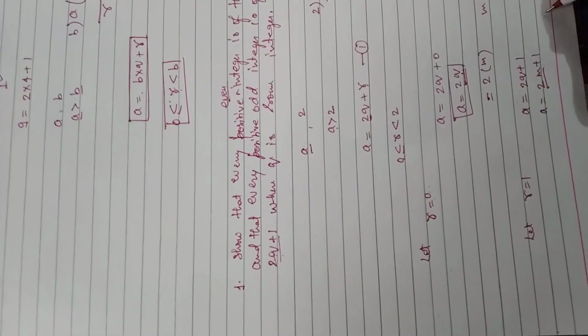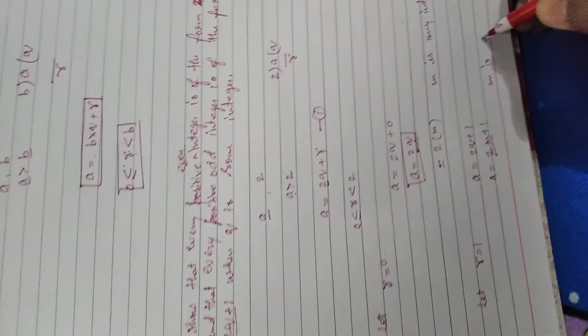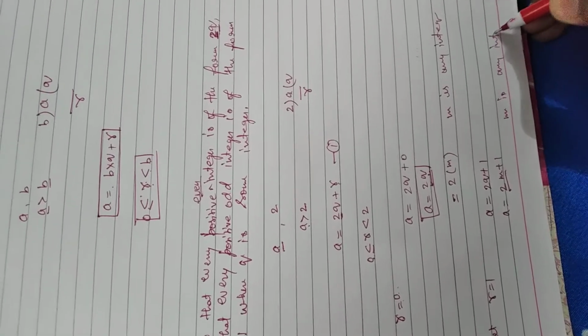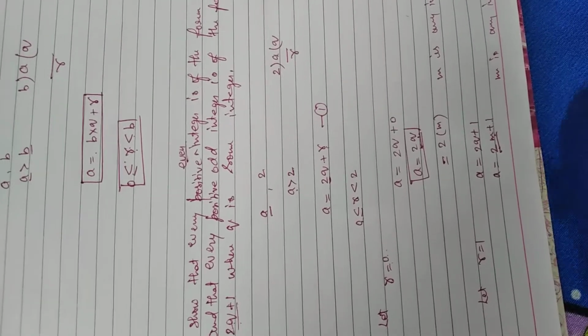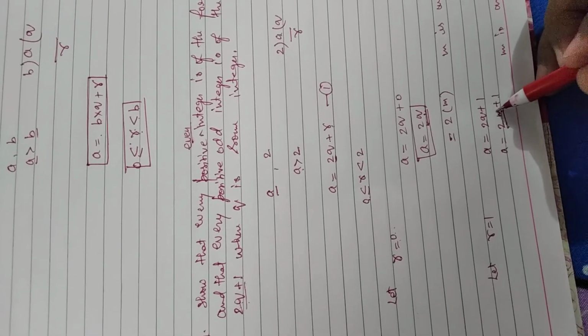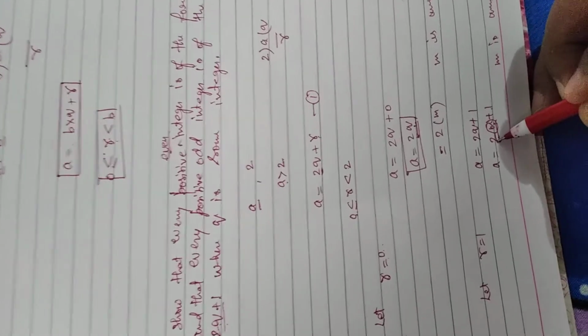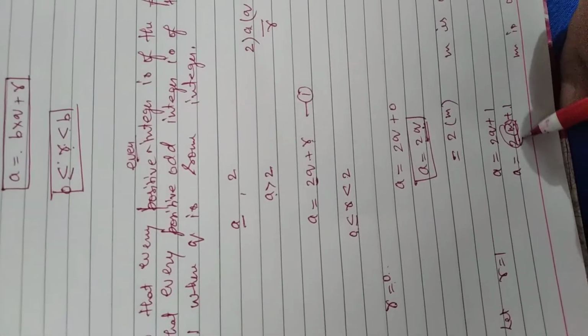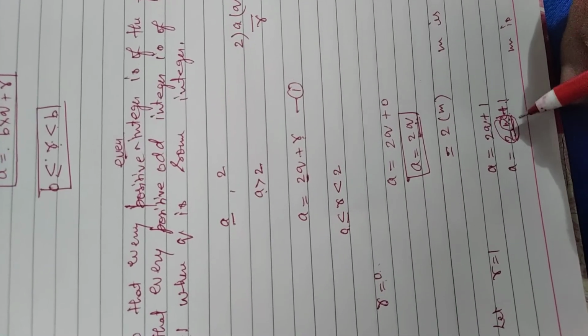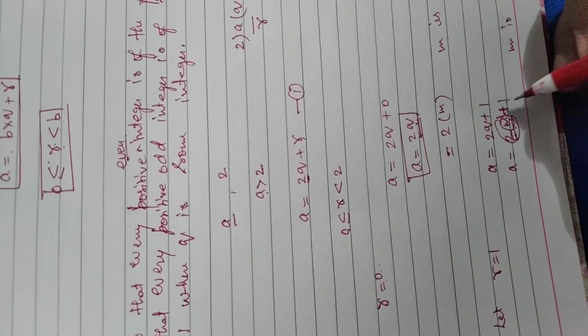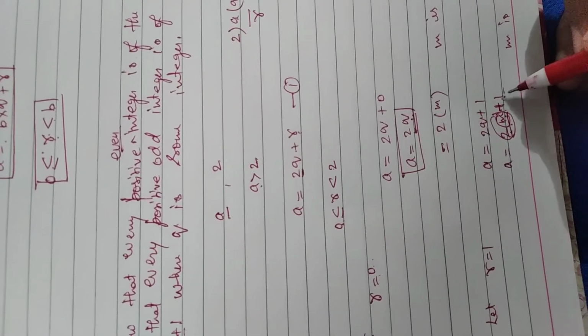Because if m is any integer, then 2m plus 1 will always be an odd number. If m is any integer and you multiply by 2, this number will be even, and you are adding 1; and you are aware that if we add even plus odd, we always get an odd number.